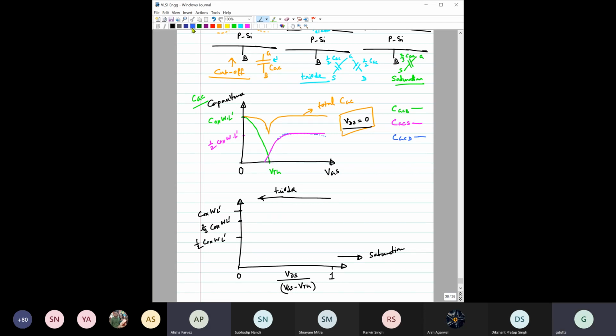Now we want to plot all three components here as well. Please tell me what will be the value of CGCB. Can you show CGCB here?